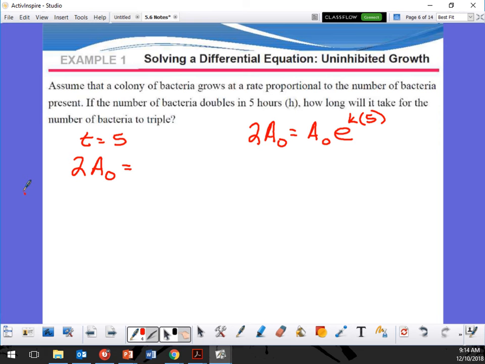So what can I do from here? Try to find k. What would I do to both sides here? Let's divide by a sub naught. That's going to give me 2 is equal to e to the 5k, right?